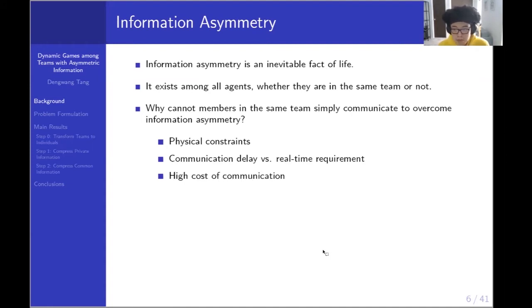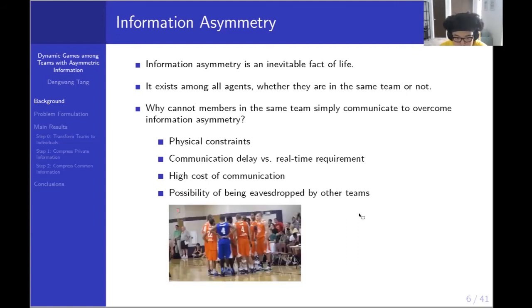And the communication may have a cost, and the team may not be able to afford that. And finally, also there's possibility of being eavesdropped by other teams, which is not good. So the teams may just avoid the communication overall to avoid being eavesdropped by other teams so that they give up their information advantage.